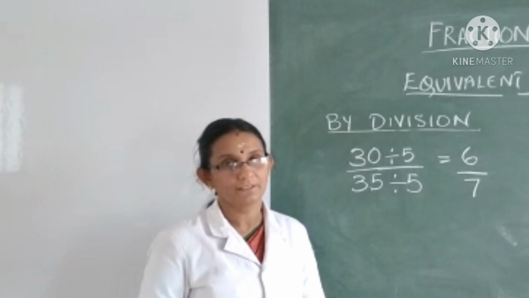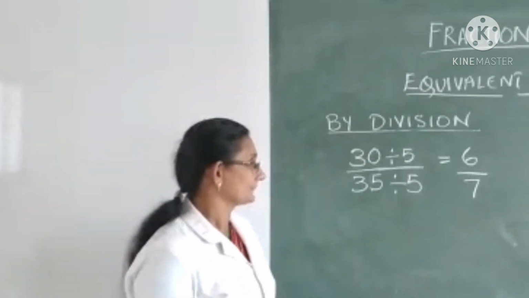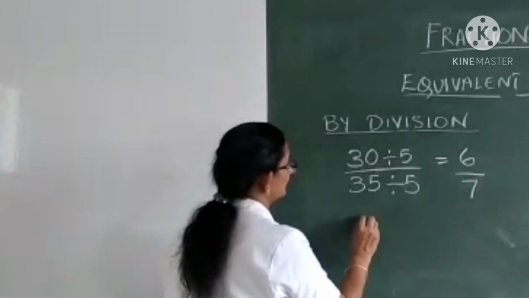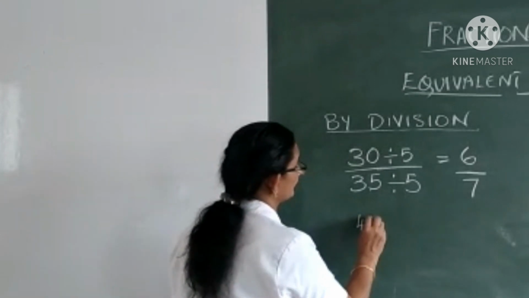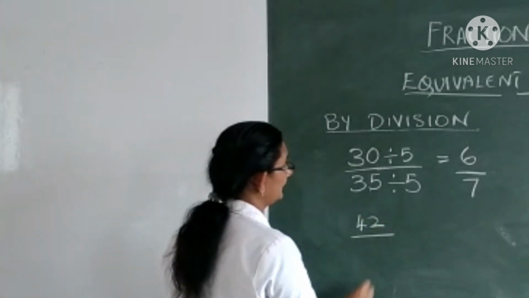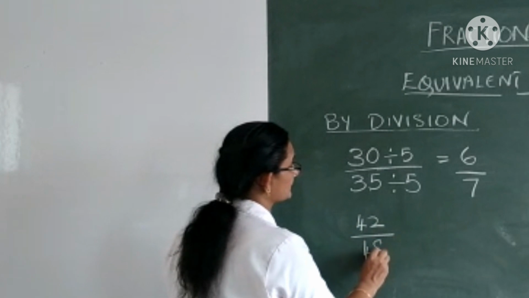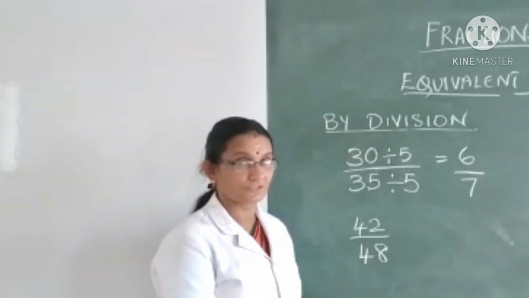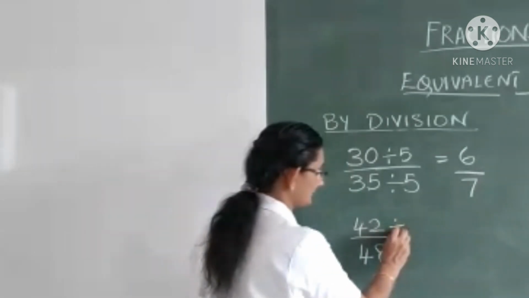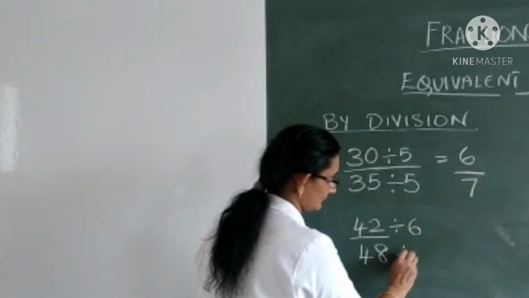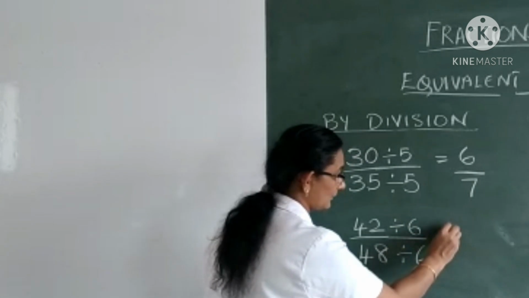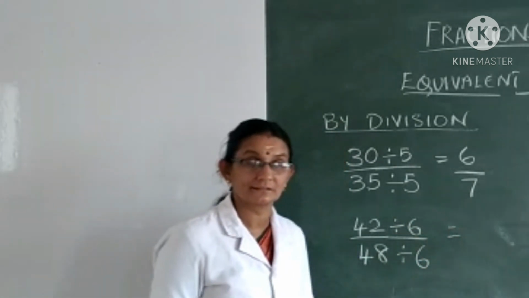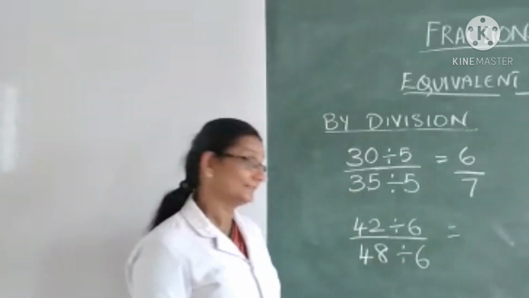Okay, let us go for another example. We have 42 by 48. So now let me divide this fraction by 6. Now 42 divided by 6 is equal to 7.